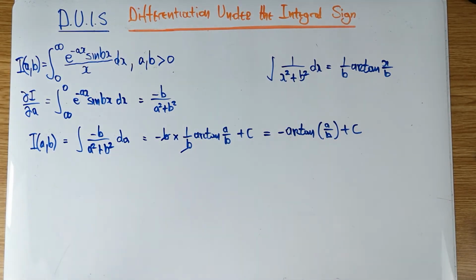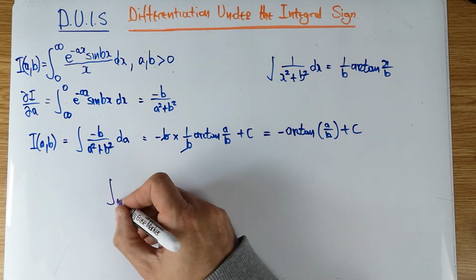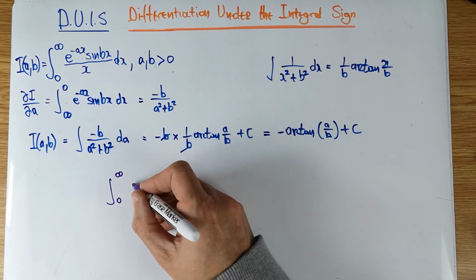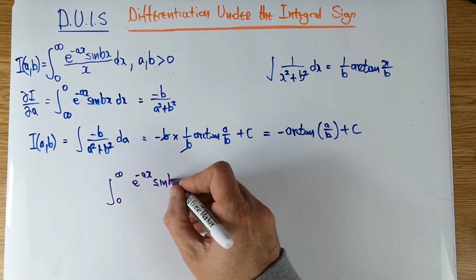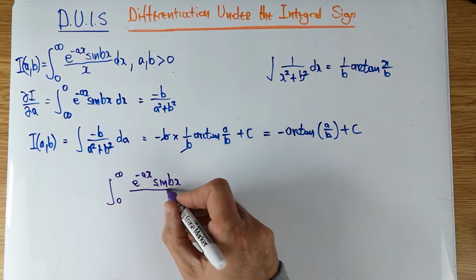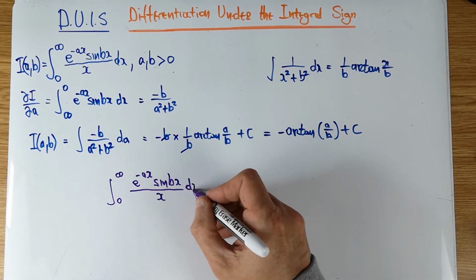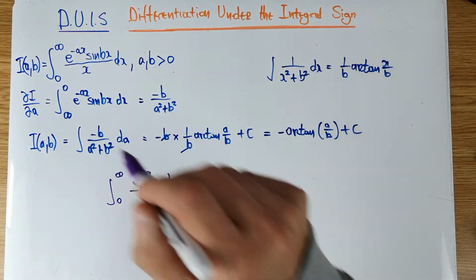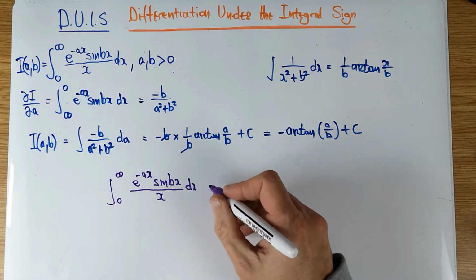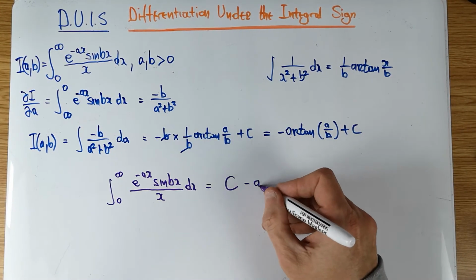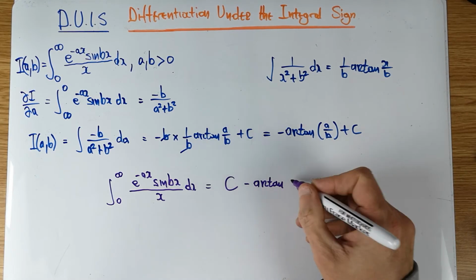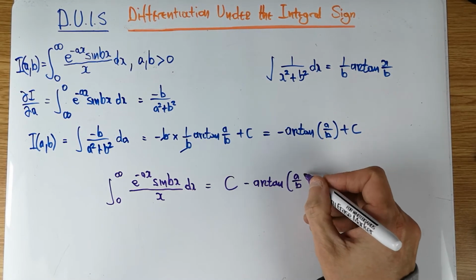So we have the integral from naught to infinity of e to the minus ax sine bx over x dx. That's my I of a comma b up here. And we found that this is equal to a constant there minus the arctan of a over b.